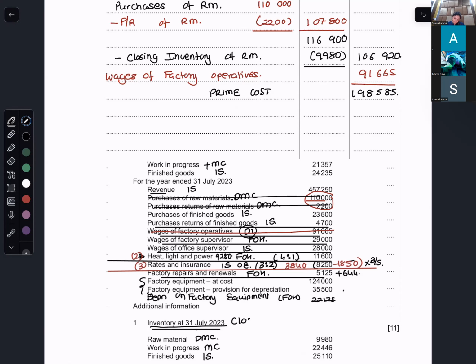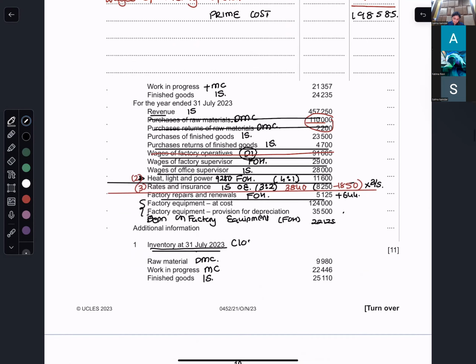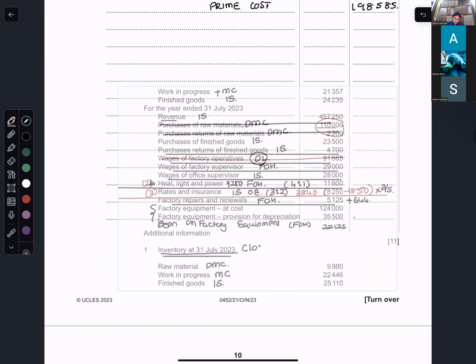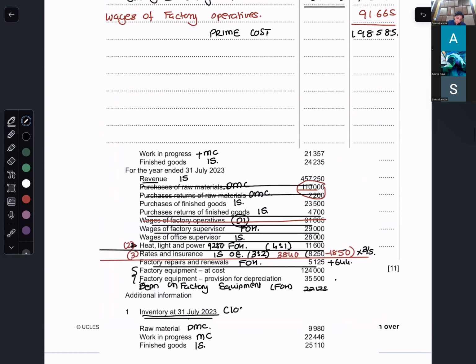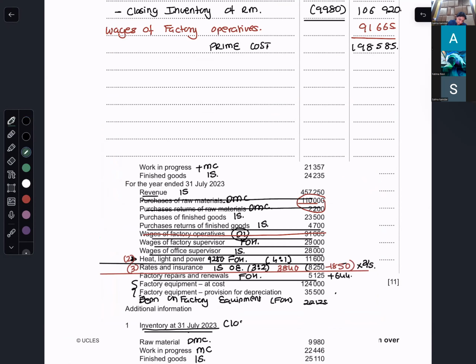Then what? Then factory overheads. You add factory overheads. Which column will you put all the factory overheads? Second column. Let's see the factory overheads. I have wages of factory supervisor.